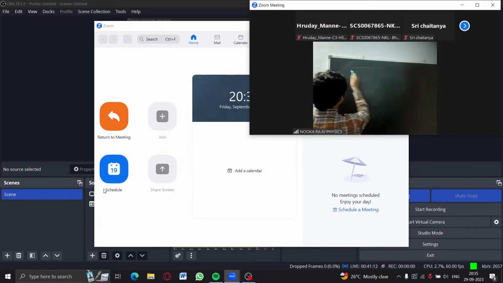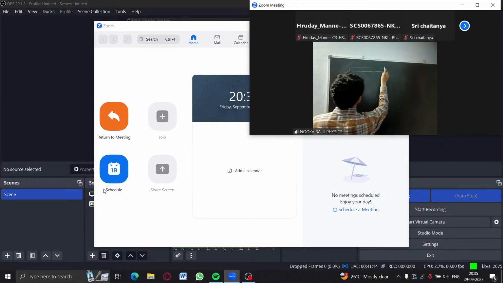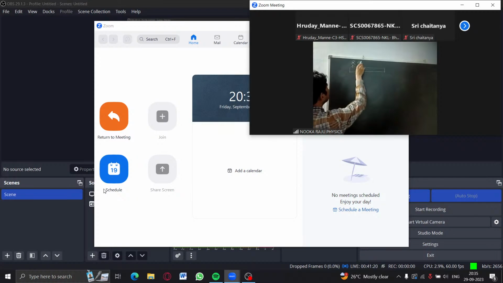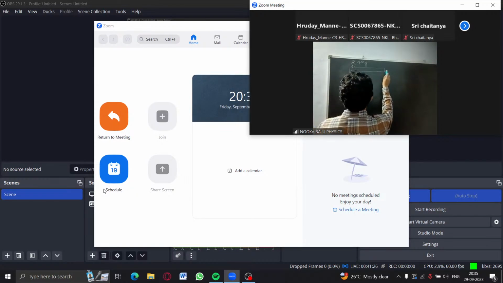This is a plank. A boy, a man with mass equal to 40 kg, and the plank mass equal to 20 kg.